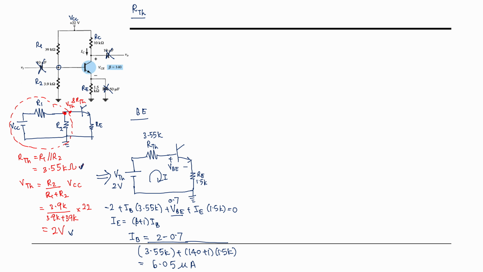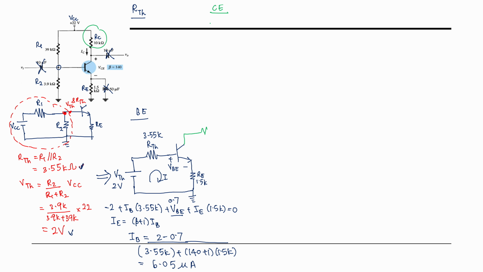Okay, next from here we can go to the CE. So this is the CE. Let's use a different color. CE loop. If you find it difficult to look at this circuit, don't worry, we can always redraw. If you're lazy, we can just continue from here.